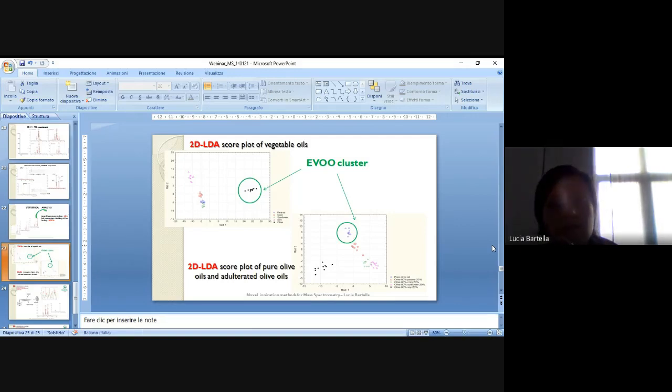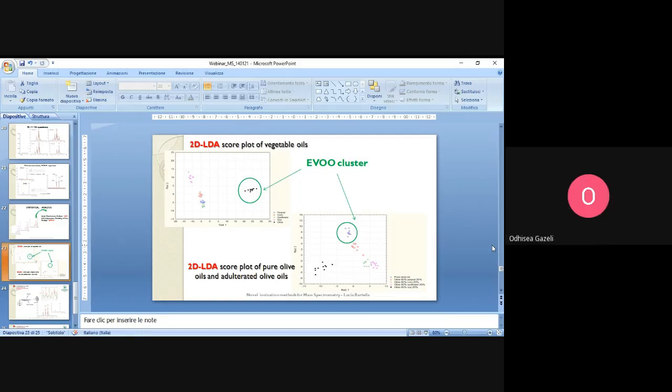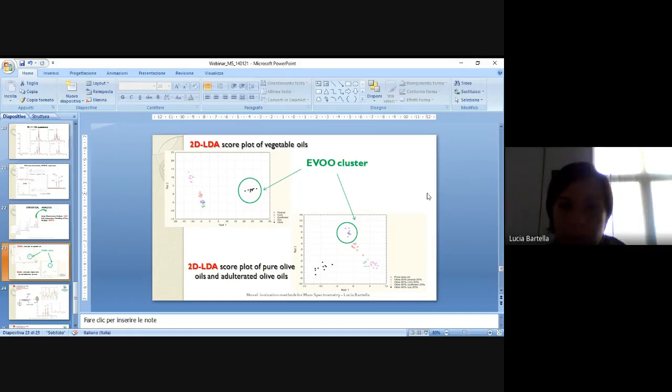The linear discriminant analysis was based on the total data recorded in the mass range of triacylglycerol ions. Okay.